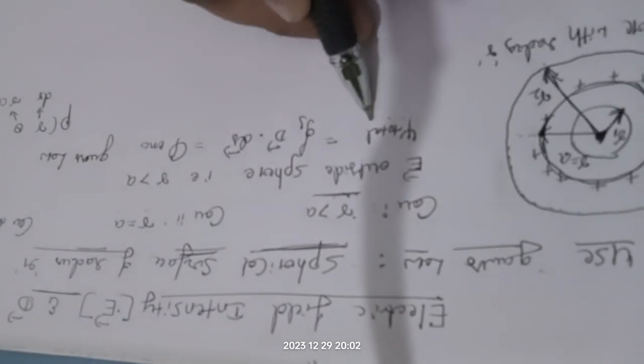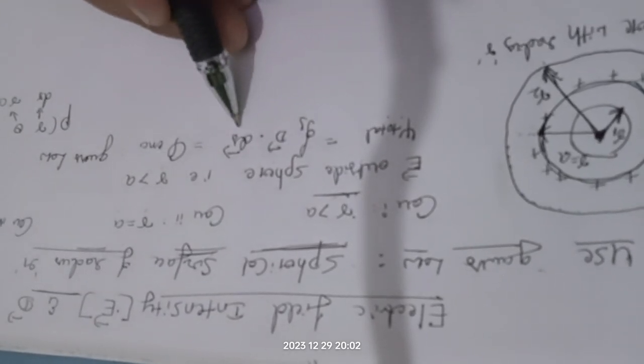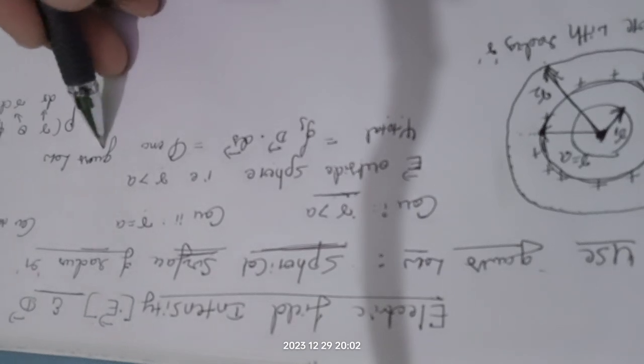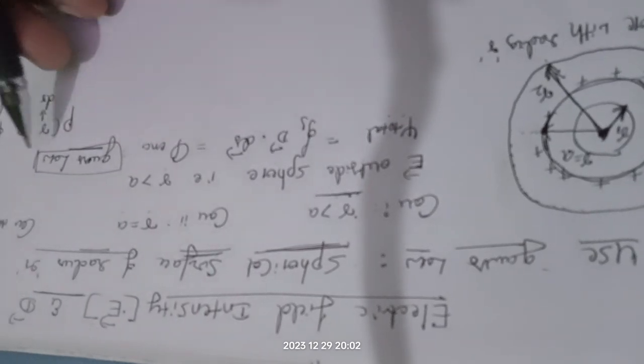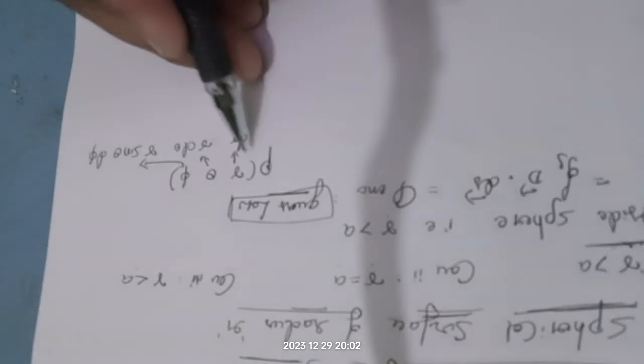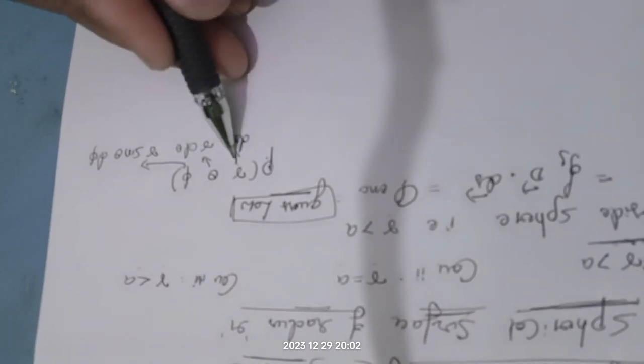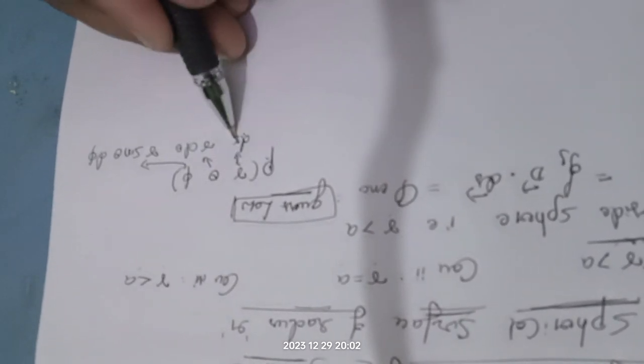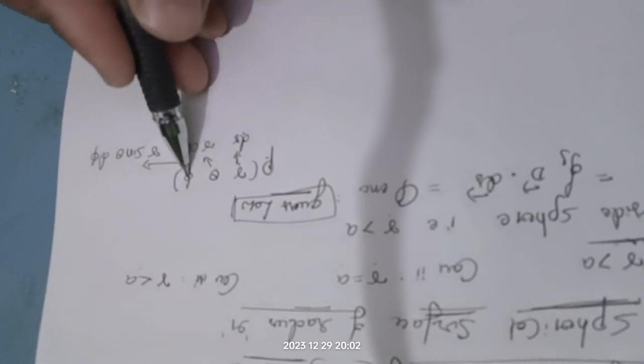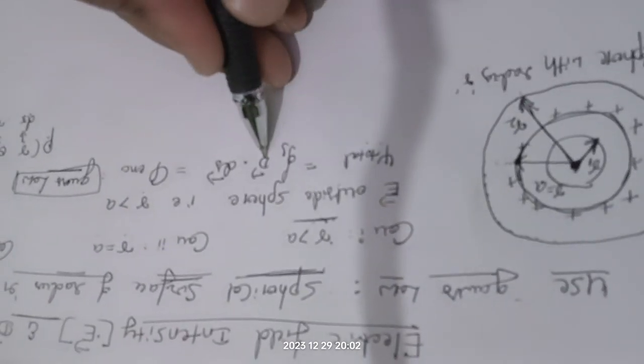So the total flux is the surface integral of D dot dS equal to Q enclosed. Use Gauss's law. Here a sphere is considered, that's why the point is (r, theta, phi). For differential elements: dr, r d theta, and r sin theta d phi. Now we should write D and dS.